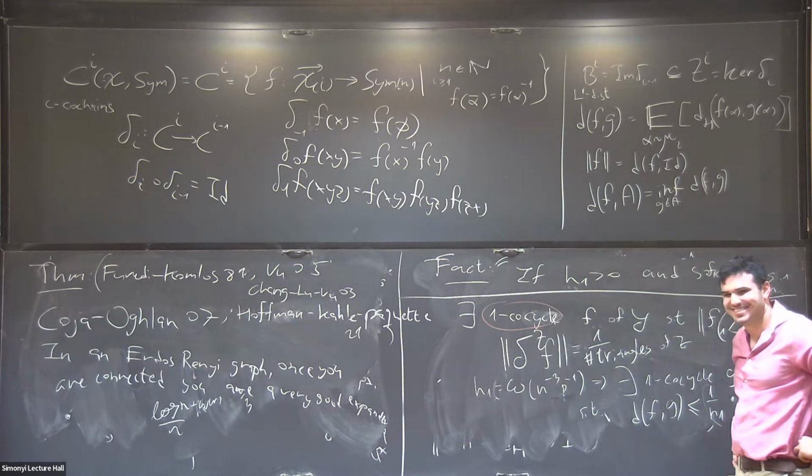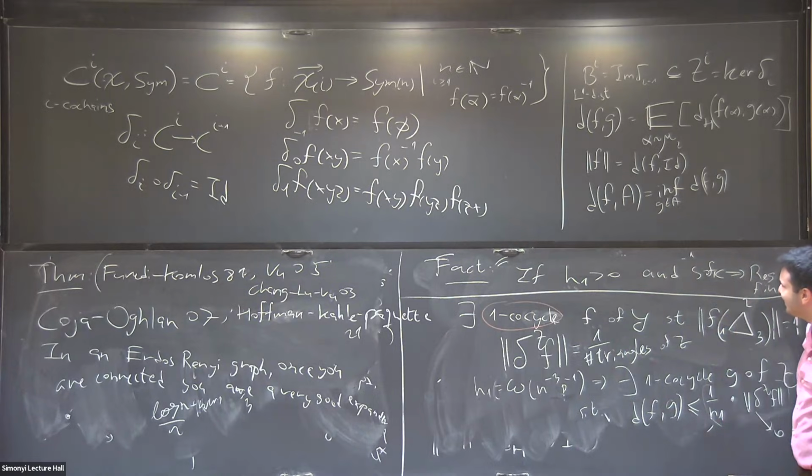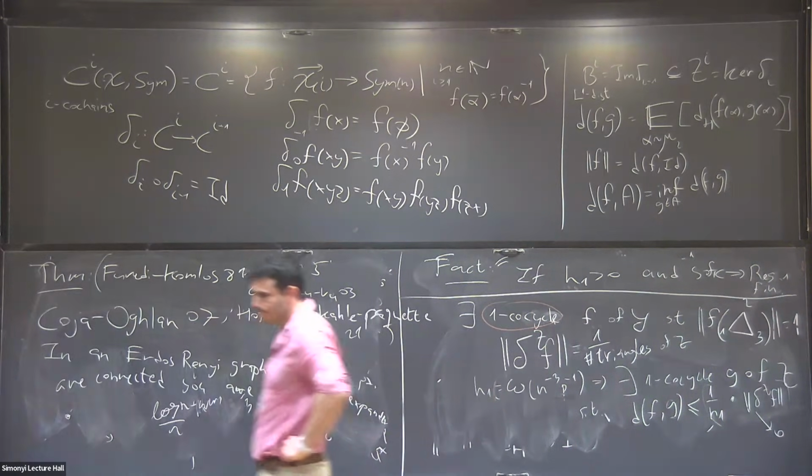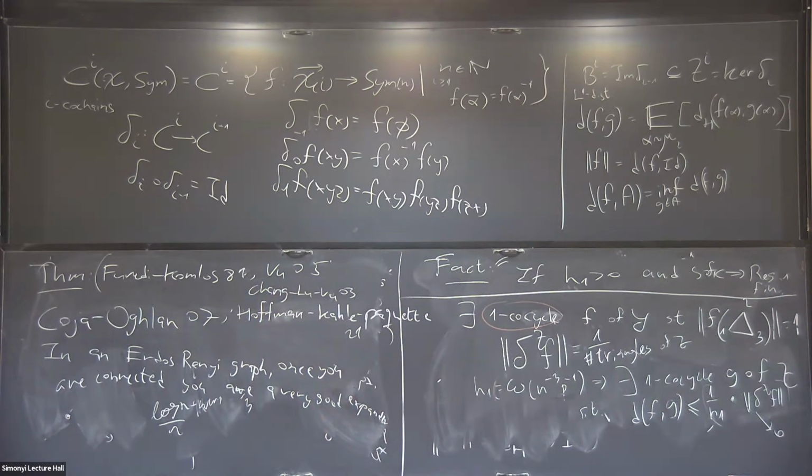If you phrase it in terms of coboundary expansion, you have a complex, let's say with n vertices, and it has n to the 2.1 triangles, right? Random. And you want to show that this complex is a good coboundary expander, even without the parameter, not with a constant.